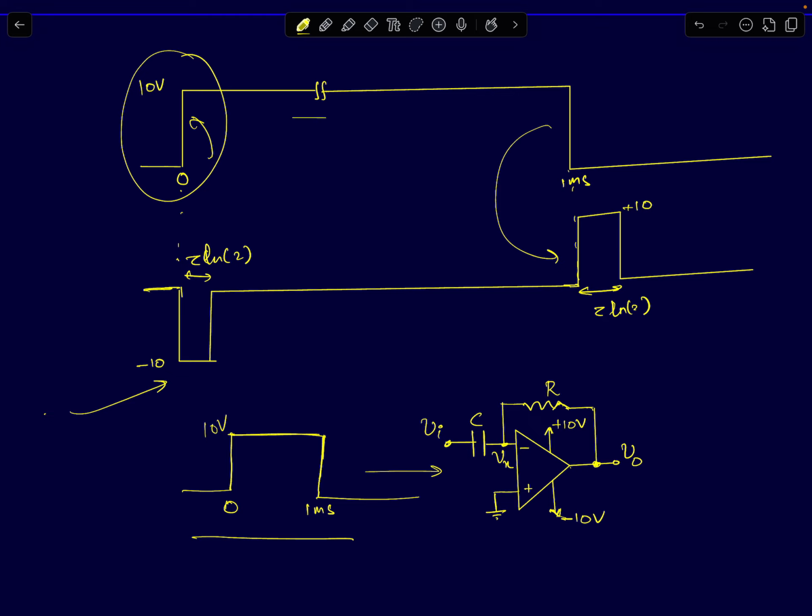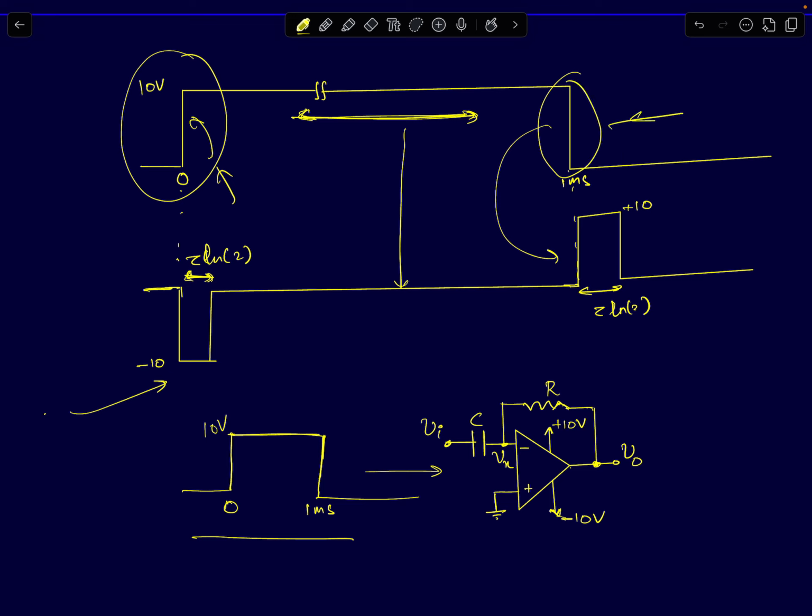Otherwise, when the input signal is flat for a very long time, here this 1 millisecond is a very long duration compared to 0.693 microseconds. That's why I've shown it with this symbol to show that it's a very long time. In this region the output is 0, the differentiator is not reacting. It's just generating a pulse whenever there is a transient event.